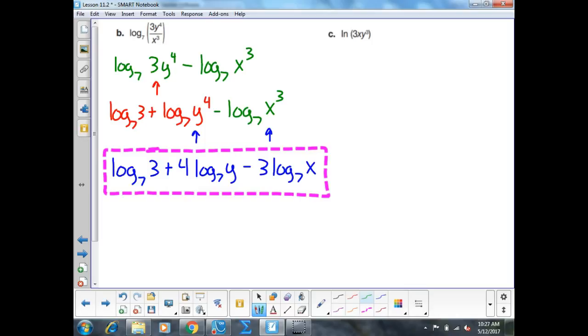Okay, so we're multiplying, right? So that's going to be natural log of 3 plus natural log of x plus natural log of y to the third.